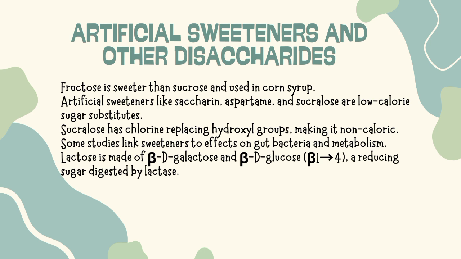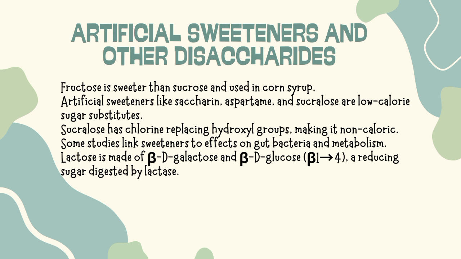Sucralose is made by replacing some hydroxyl groups in sugar with chlorine atoms, which prevent the body from breaking it down, making it non-caloric. Some research suggests that sweeteners might affect gut bacteria and influence metabolism, but more studies are needed.